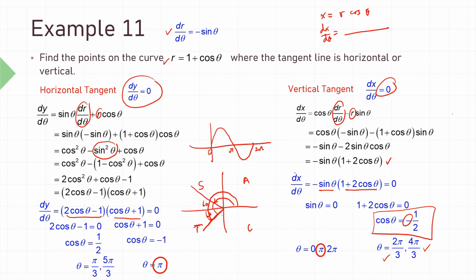But for these horizontal and vertical tangents, which theta have the same value? In this case we get theta equal to pi, and also this one equal to pi. So we have to determine at theta equal to pi whether it is actually horizontal or vertical. So we have to find the limit again.